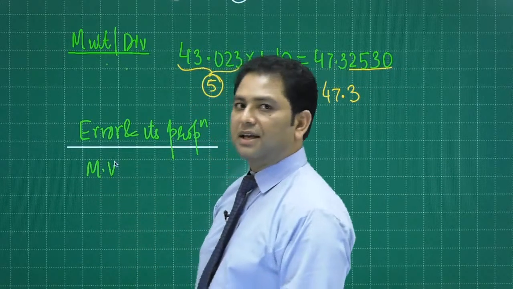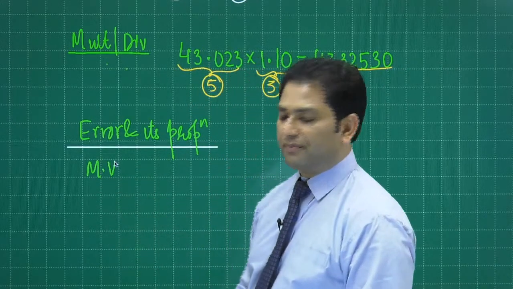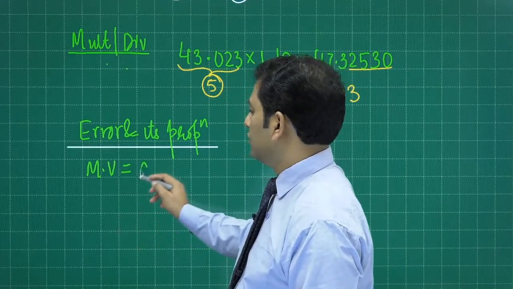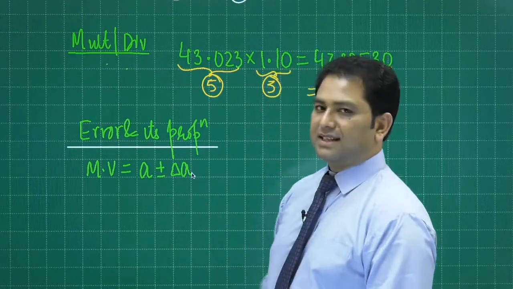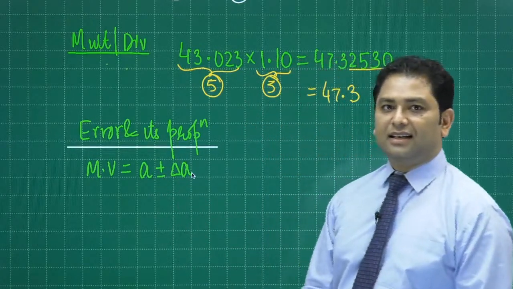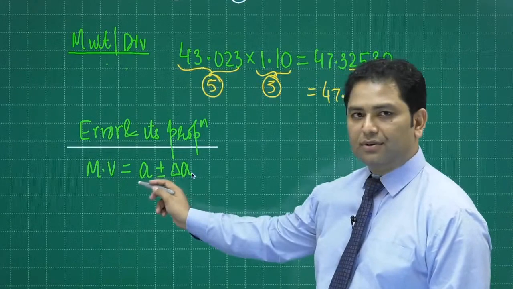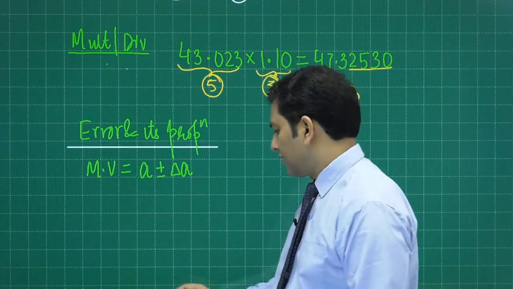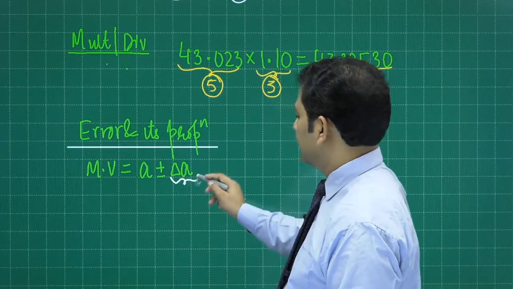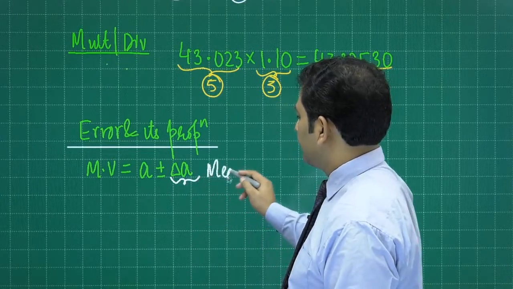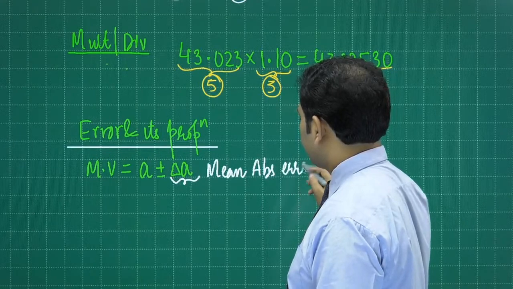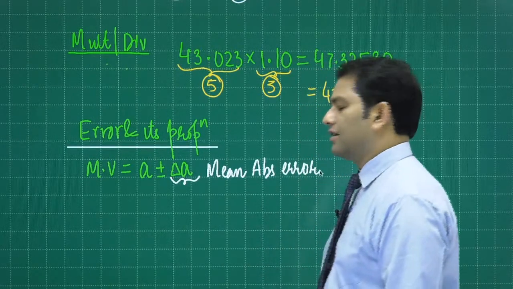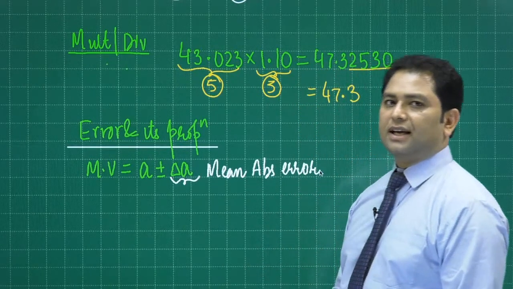MV is the measured value, and that measured value would be represented as A plus minus delta A, where A is the value. And what is delta A called? This delta A is in fact the mean absolute error. So that is called the mean absolute error.